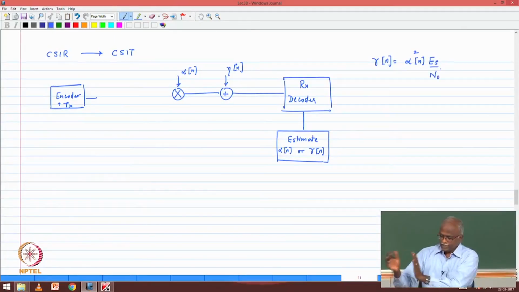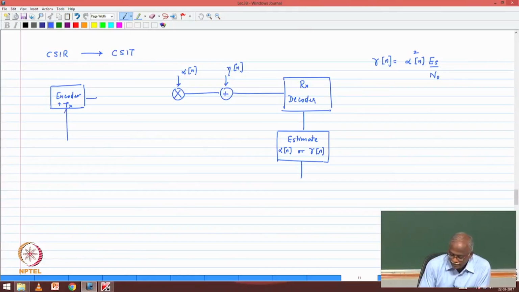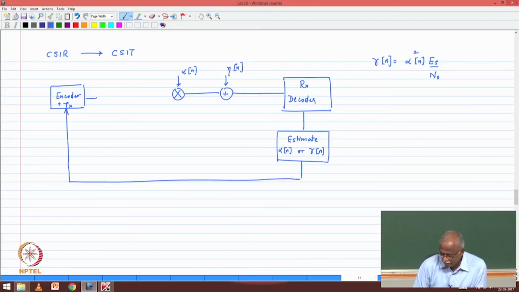So average SNR multiplied by alpha squared is the instantaneous SNR, and that's what we want to estimate, and this is what we want to feed back to the transmitter. So basically the feedback channel is what we have here.